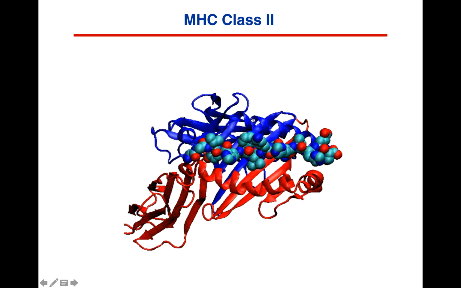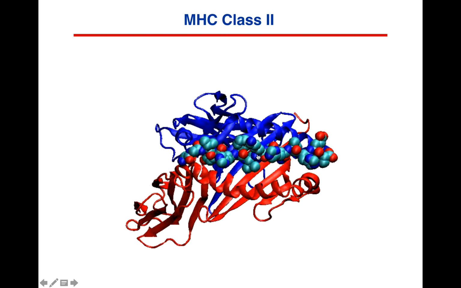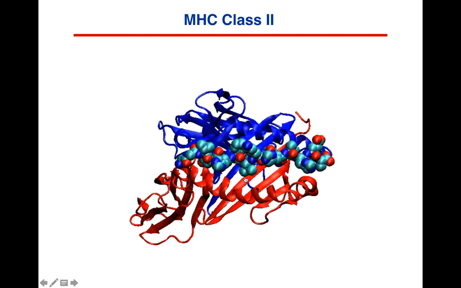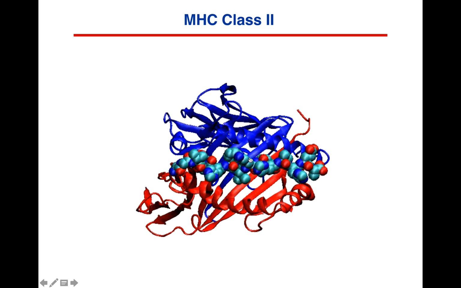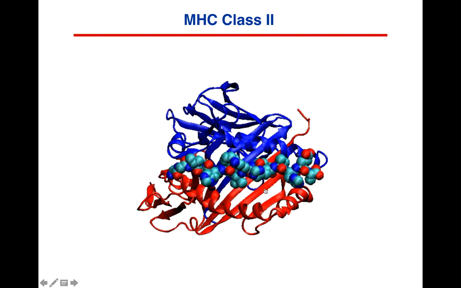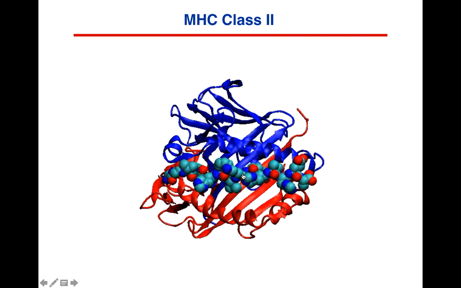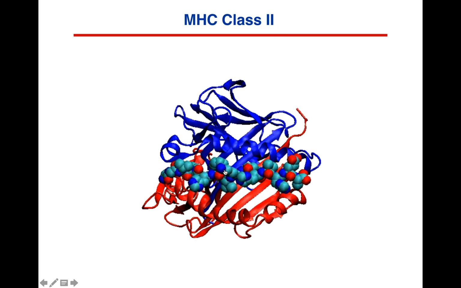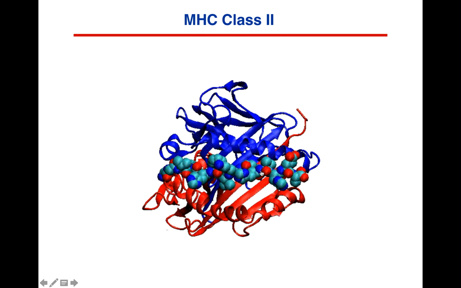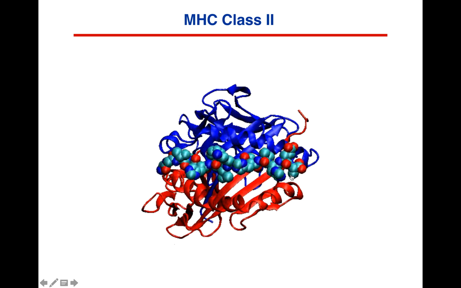There's a blue alpha helix and a red alpha helix. Half of the binding site for the peptide comes from one chain, the red, and half of it comes from the other side. The floor of the MHC2 binding site is composed of both chains, and then the peptide sits almost like a hot dog in a bun on top within that binding site.